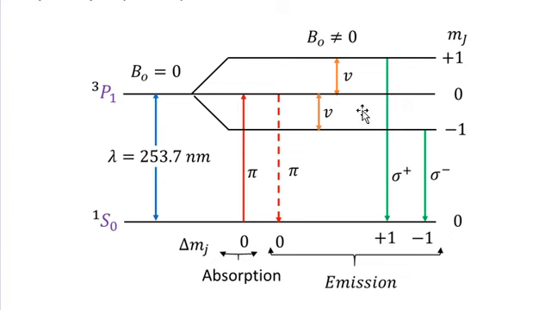Now you see that I am going to apply a moderate value of the magnetic field, which is used for the splitting of single J levels into the Zeeman levels.